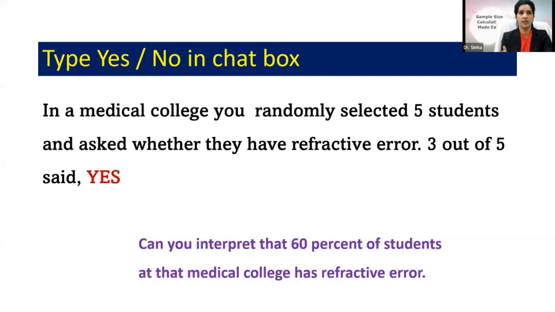So the proportion is 60%. Can you say that 60% of the students in that medical college have refractive error? The option is only yes or no. Most of you are answering no. Yes, you are right, we cannot say that only by examining 5 students.